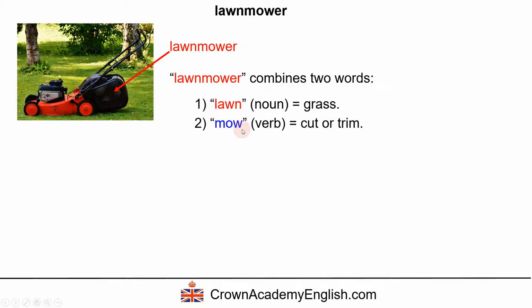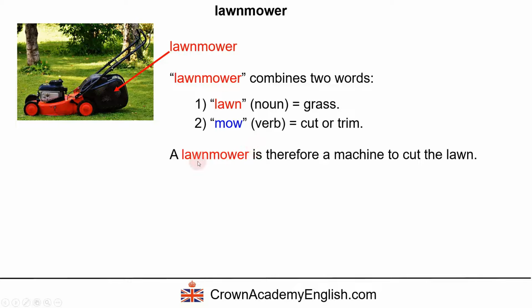And we also have a verb, to mow, and to mow means to cut or trim. Therefore, a lawn mower is a machine to cut the lawn. So that's the origin of the word. That is why we call it a lawn mower.